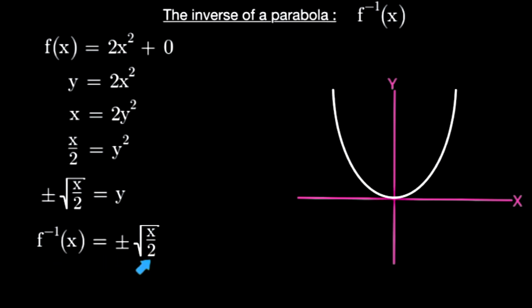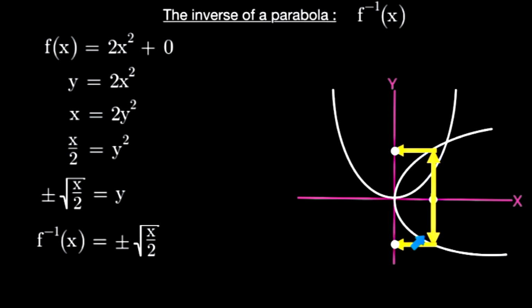Now, if I have to draw this inverse function, it is going to look like this. But technically this is not a function, because if we choose an x value here, it's going to have a y value up here and it's going to have a y value down here. And one x value can never have two y values, otherwise it's not a function.